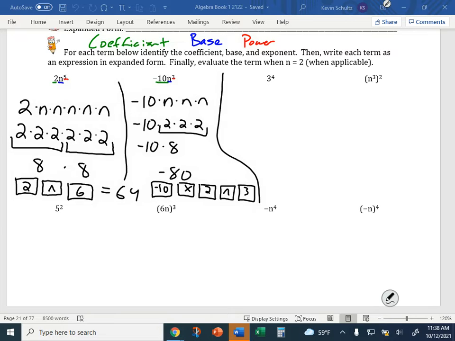3 to the 4th. Coefficient, base, power. What do you see? Where is it? Lauren. The base is 3. 4 is obviously the exponent, right? Do we have a coefficient here? Not really. Remember that the base can be a number as well as a variable.